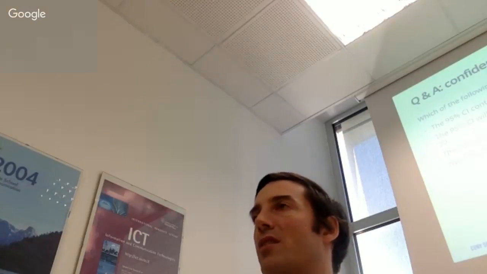How about the fourth one? The 99% confidence interval will be wider or larger than the 95% confidence interval. I guess the higher the confidence, the smaller it should be.